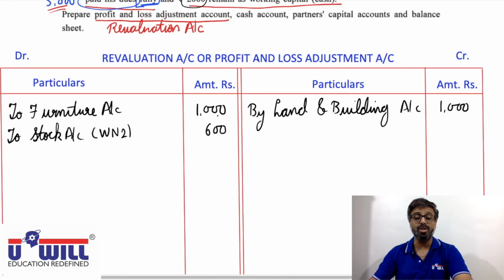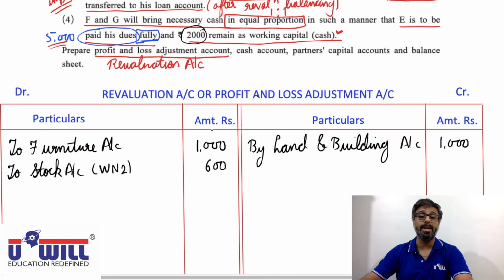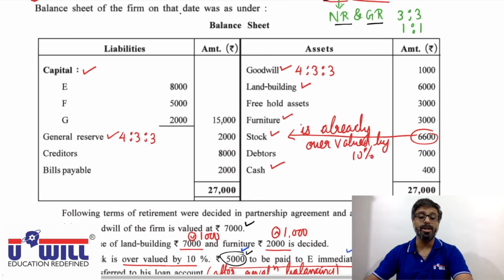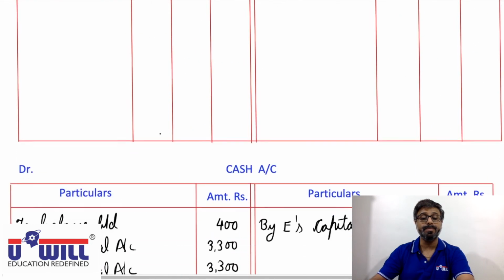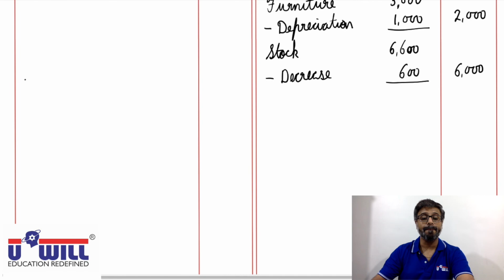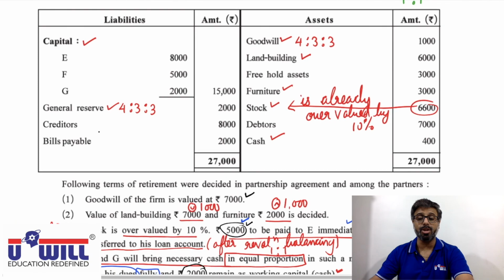Last adjustment is also done. Now prepare profit and loss adjustment, cash account, partners' capital and balance sheet. First we record unticked items. Capitals recorded, general reserve recorded, creditors 8,000 on liabilities side. Then after creditors, bills payable 2,000 on liabilities side.